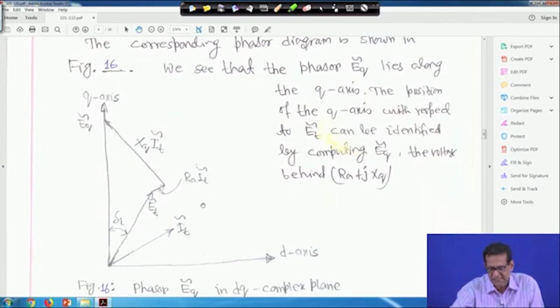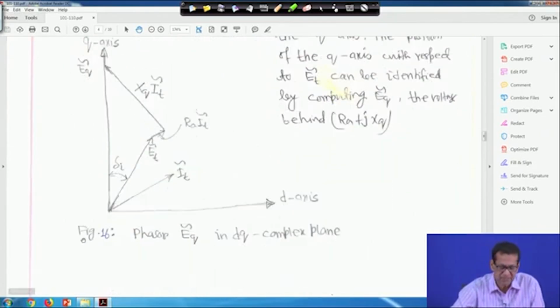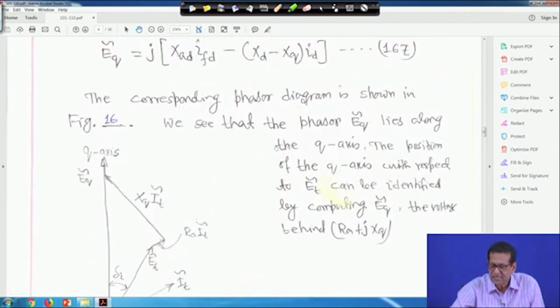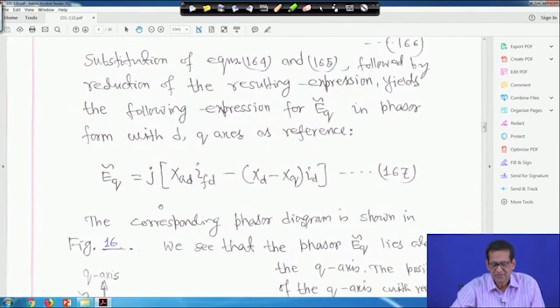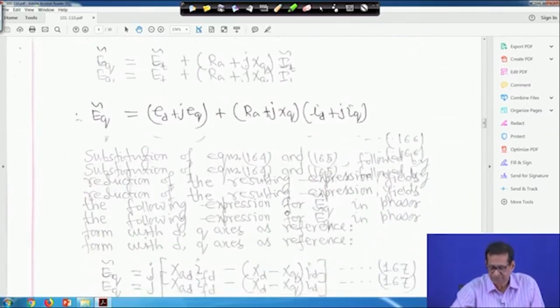This is ET and this is IT, this is D axis and this is Q axis. So, we see that the phasor EQ tilde lies along the q axis. The position of the q axis with respect to ET tilde can be identified by computing EQ tilde, the voltage behind RA plus JXQ, right.